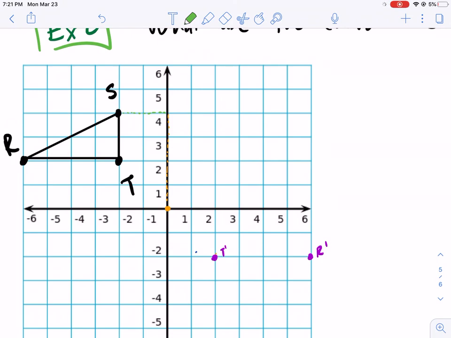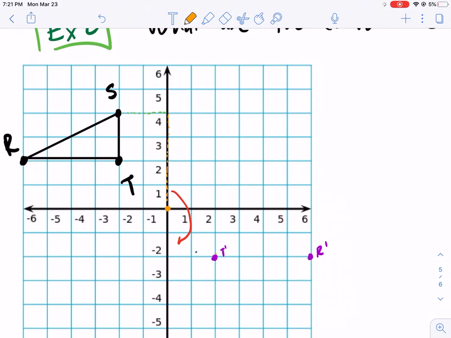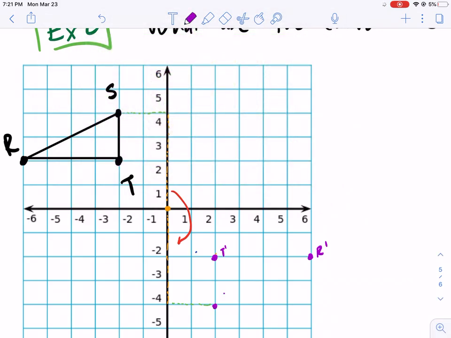As I rotate this 180 degrees, what happens to it? I end up having it point down, 1, 2, 3, 4 units down. And it goes from pointing to the left to pointing to the right, 1, 2. And then this is point S prime.